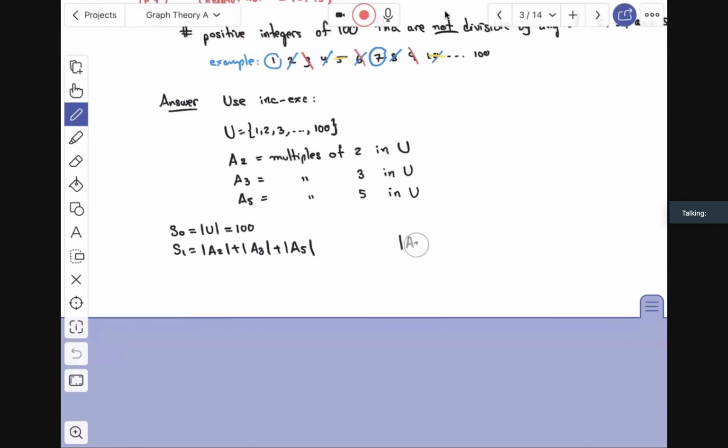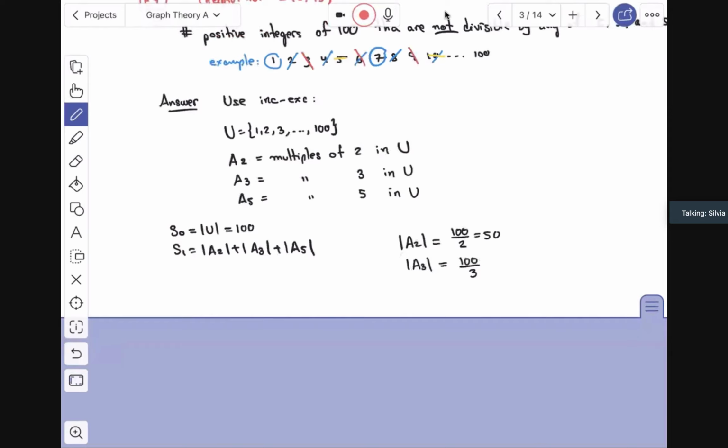And the thing is, what is A2? We said it's all the evens between 1 and 100. So I can essentially divide by 2, and that's it. That's 50. Okay? And A3 is almost the same thing. I just divide by 3. But the last one, 100, is not a multiple of 3.